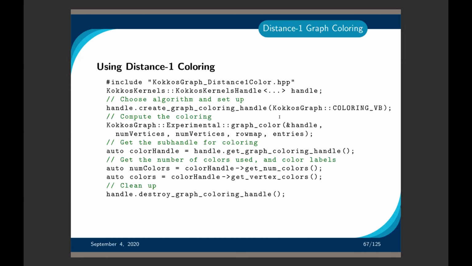Here you're passing in row map and entries, which is the CRS graph structure. Then you can get the subhandle out of the main handle, called color handle here, and get the number of colors that were used and the vertex color labels out of that. And finally, you have to destroy the subhandle to clean up any temporary memory that was allocated for it.